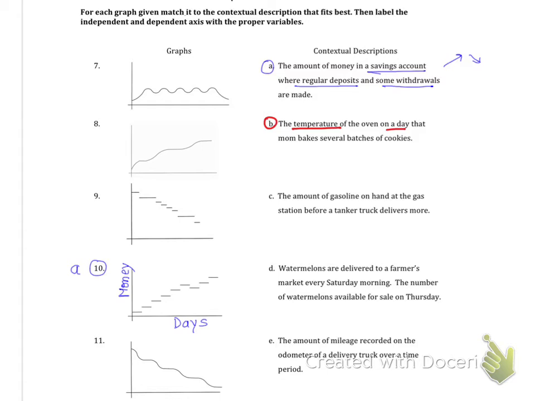So when the mom is baking cookies, the temperature is going to be almost the same when the cookies are baked. So we need to look for which one is almost the same. When I look at 7, this shows it's almost the same, a little bit up and down. So we can say the x-axis is time of the day.